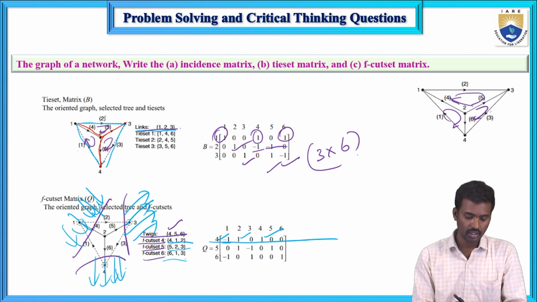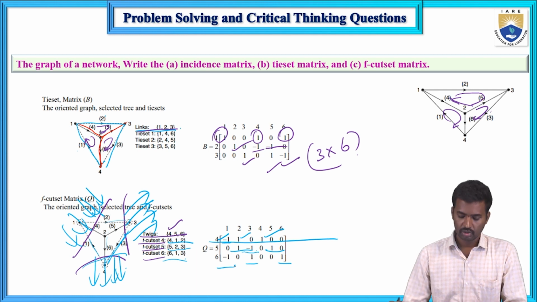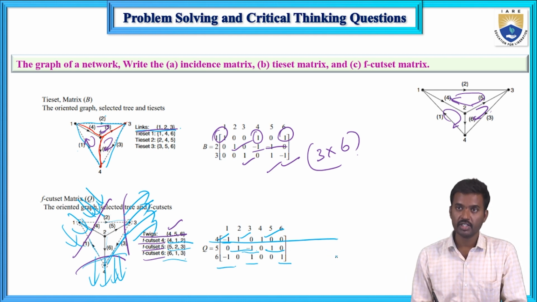Next, the fifth one is always plus 1, and 3 is opposite direction, minus, and 2 is the same direction, plus 1. Next, the 6th is plus 1, and 3 is the same direction, plus 1, and 1 is opposite direction, minus 1. The number of F-cut sets means the number of twigs, so the size is 3 cross 6.